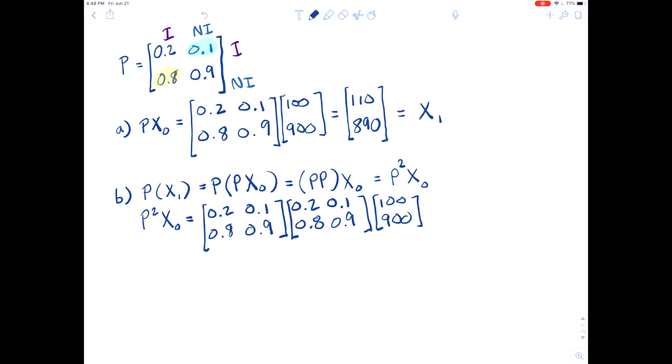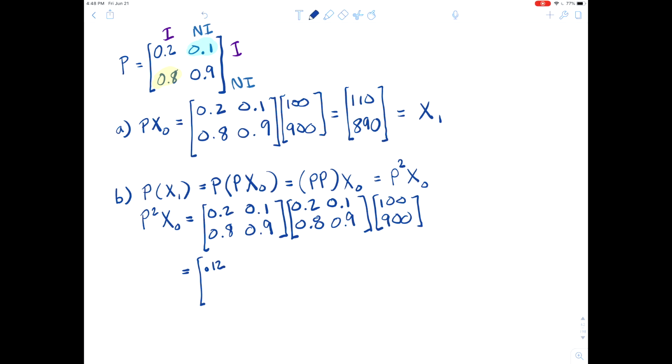Cool, cool. Well, that's going to be equal to what? 0.2 times 0.2 is 0.04 plus 0.08, so that would be 0.12.